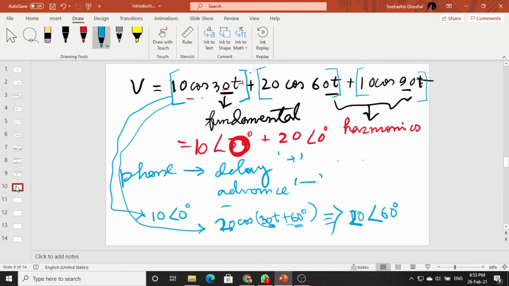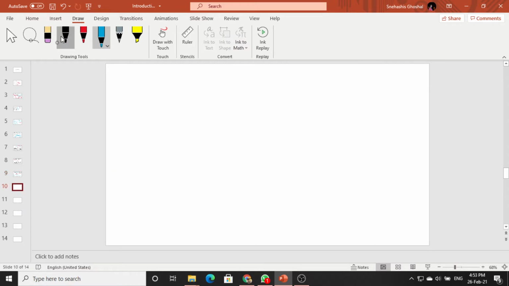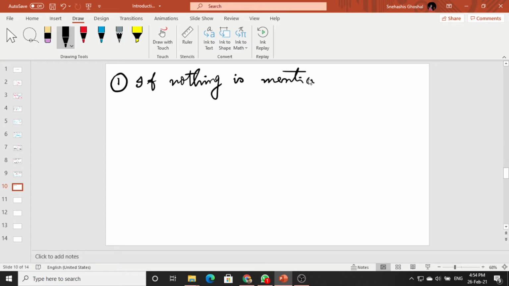Now some important things regarding the AC I would like to mention. Point number 1. If nothing is mentioned, consider RMS value.